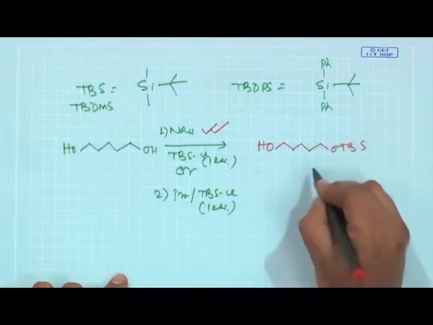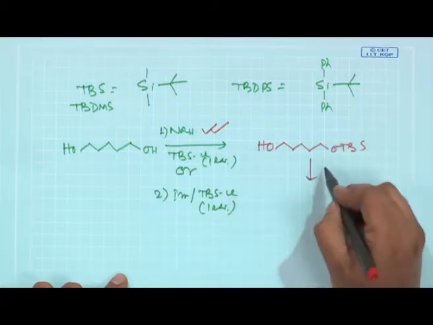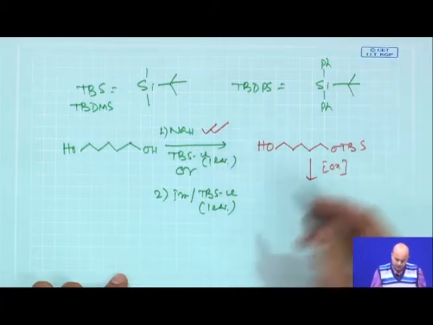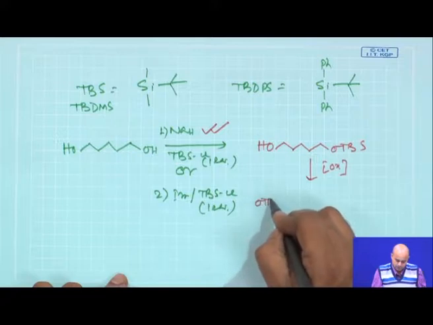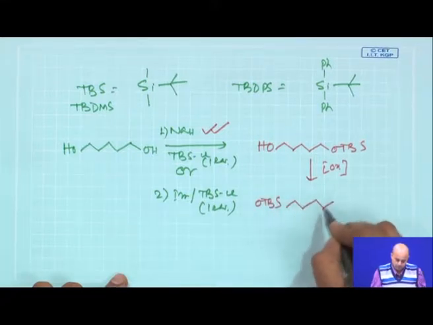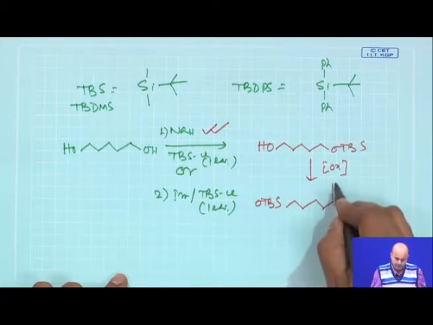Next, your job is absolutely simple, you need to oxidize this compound with an oxidizing agent. Any oxidizing agent will do the job, and you basically get the corresponding aldehyde.